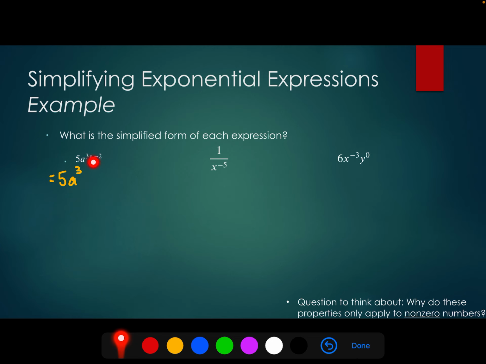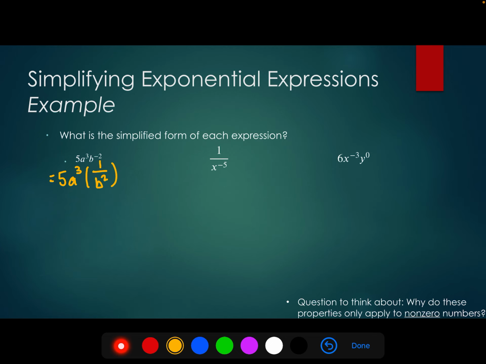So then we have to remember, a variable raised to a negative exponent, we move that variable to the denominator of a fraction, and then we change the exponent to become positive. So this is equal to 5a to the third times 1 over b squared.